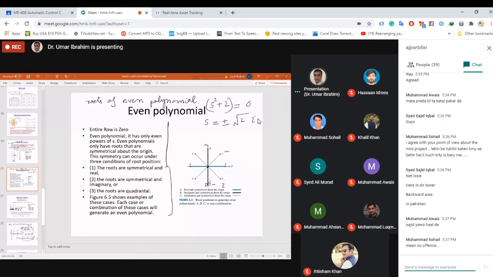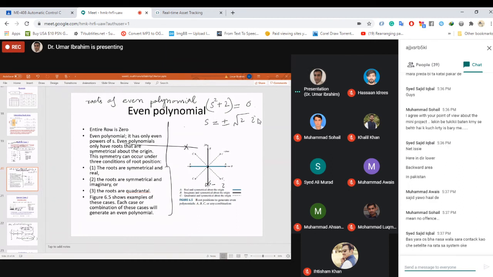For example, if I have an even polynomial and one of the roots is here, then its mirror image is here. Then the second root should be here. Do you understand? Let me summarize it.